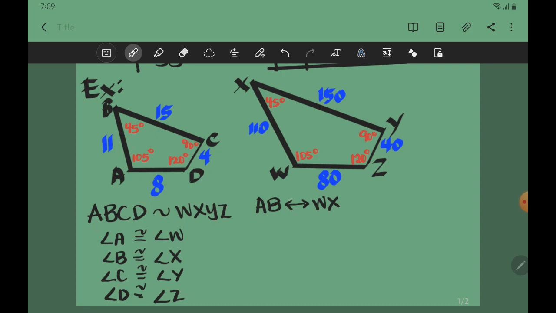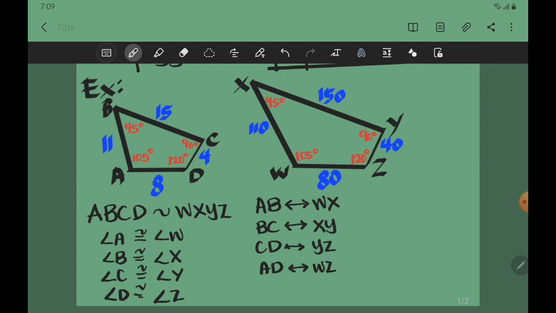So yung symbol na to, yung parang arrow na may dalawang arrowhead, it means corresponds. Okay, another corresponding side is BC corresponds to XY. And then CD corresponds to YZ. And then the last side, we have AD corresponds to WZ.